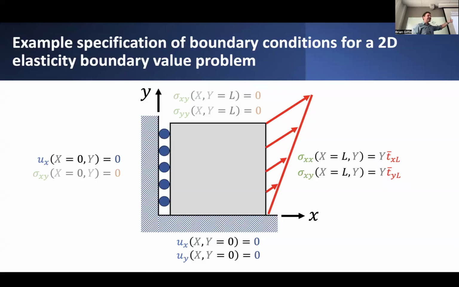It's the component of stress acting in the vertical direction, exposed on that top face. And if there's no traction applied to that surface, it implies that along that surface, sigma yy, the vertical component of stress, is going to be equal to 0 along that full top edge. Same thing for the component of shear stress acting on that top face, the sigma yx component of stress. That also has to be 0.